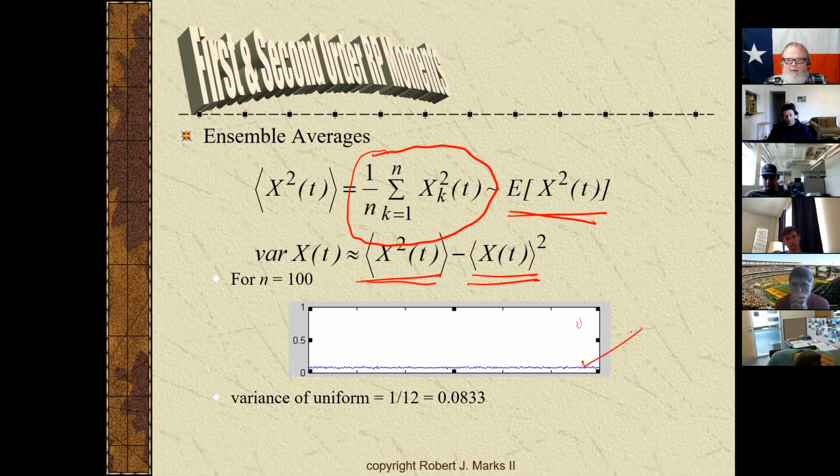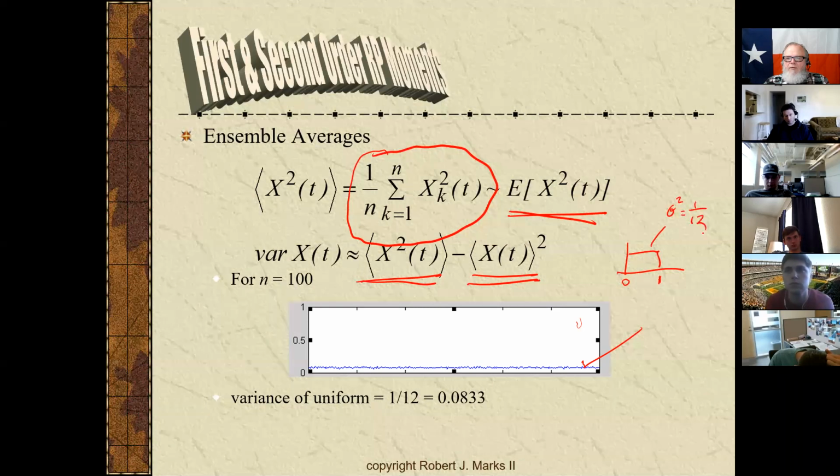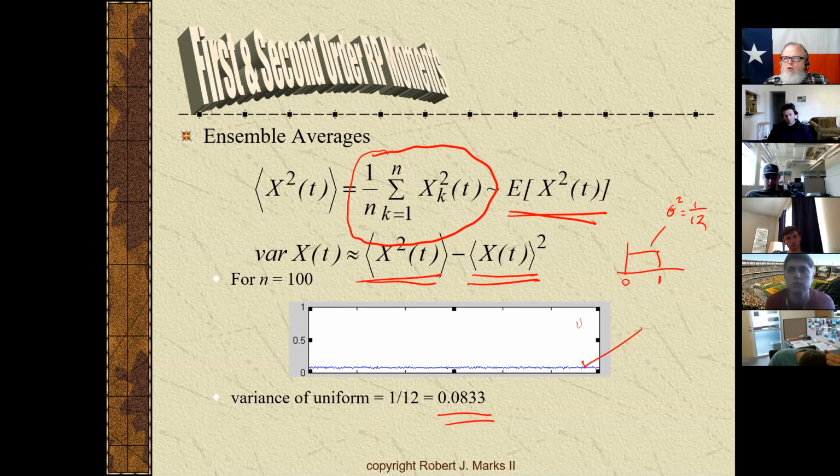Now, it's not too informative until you realize that a random variable with a value between 0 and 1 has a variance equal to 1/12, as you can see down here. So this should converge, according to the law of large numbers, to 1/12, which is about 0.0833.